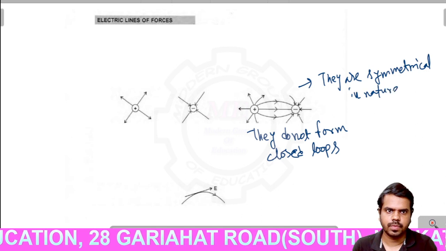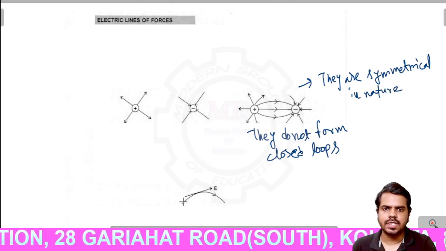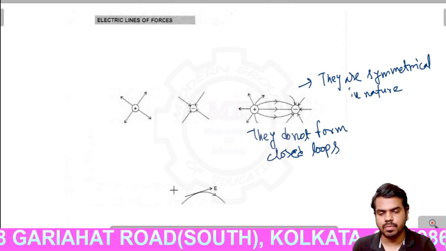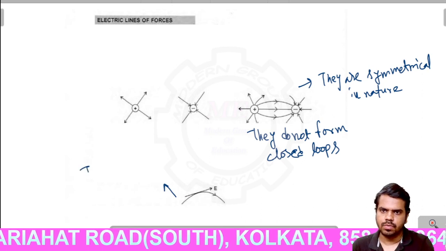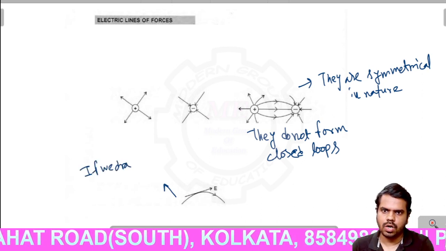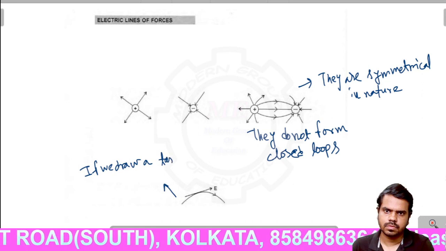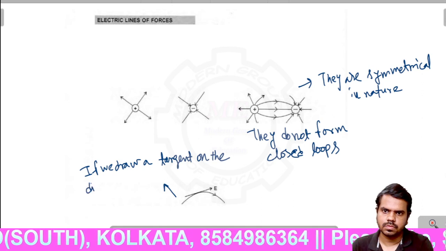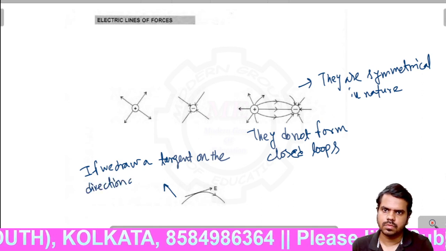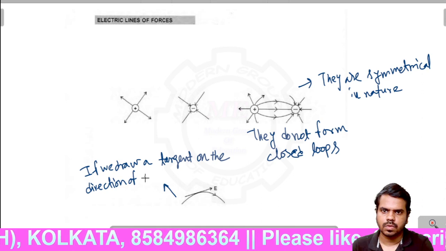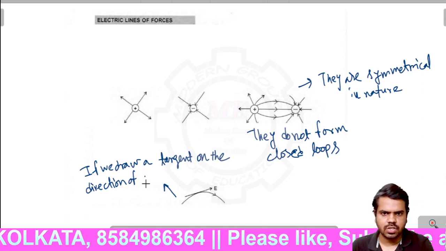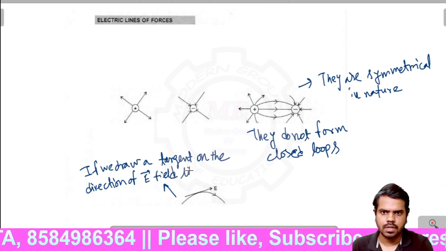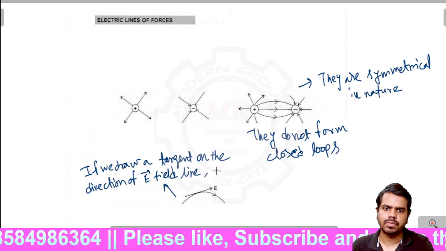Okay, if we draw a tangent on the electric field line, then it will give the direction of electric field.